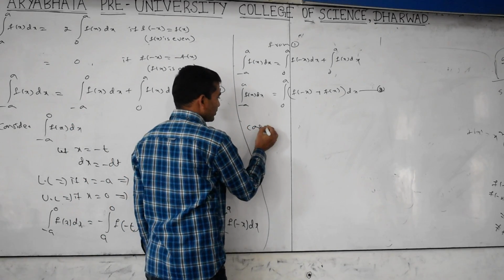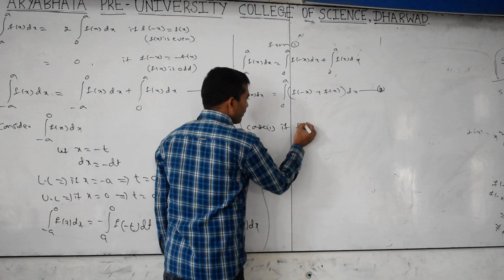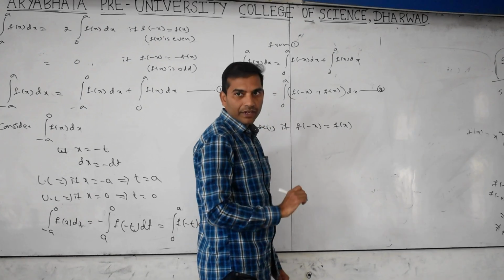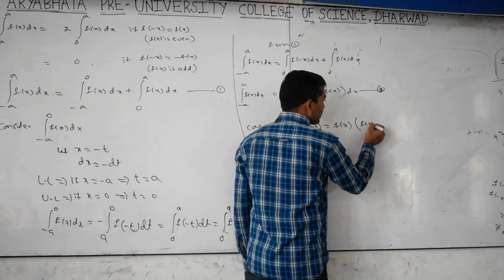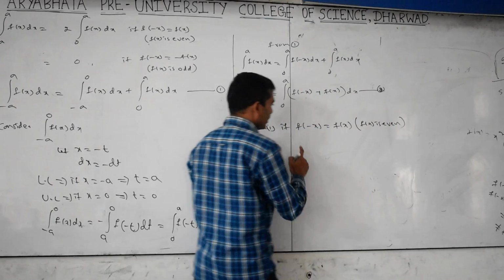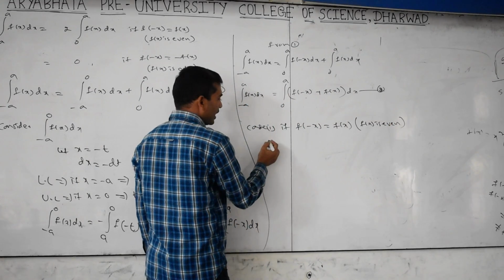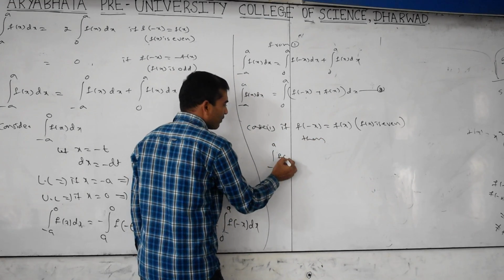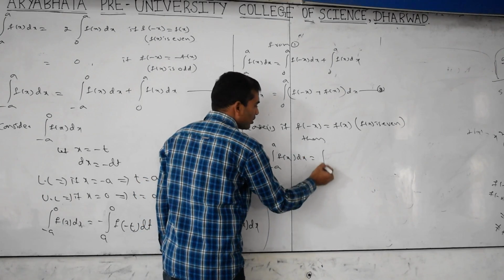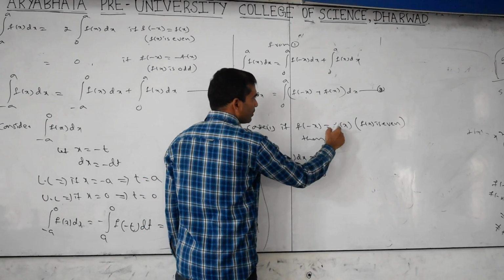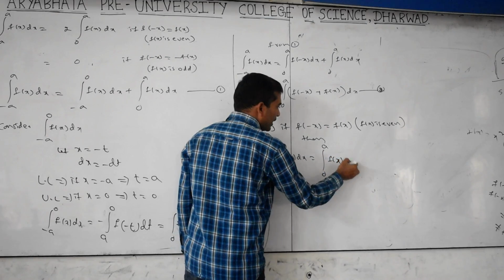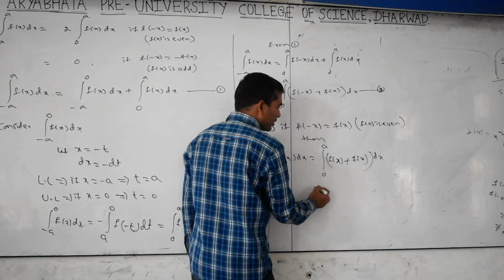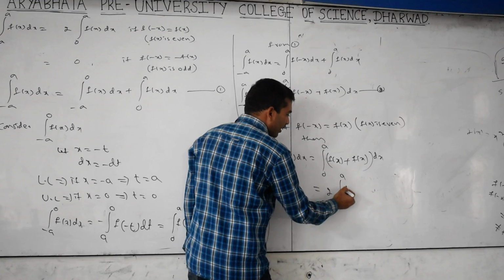First, case 1. If f of minus x equal to f of x, that means f of x is an even function. If f of minus x equal to f of x, then integration of minus a to a of f of x dx equals 0 to a of, f of minus x equal to f of x, f of x plus f of x whole dx. f of x plus f of x equals 2 into 0 to a of f of x dx.